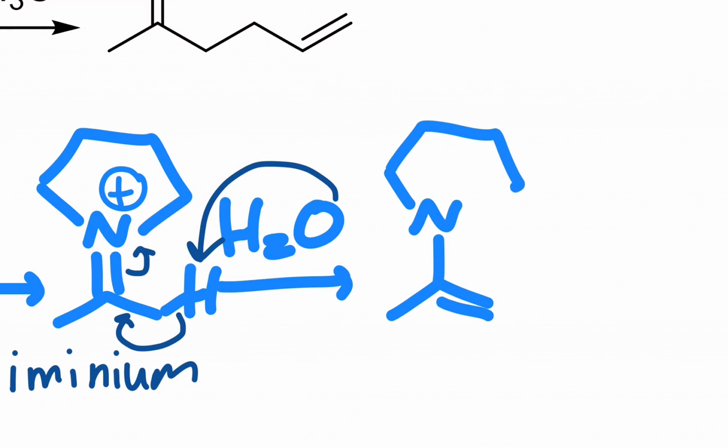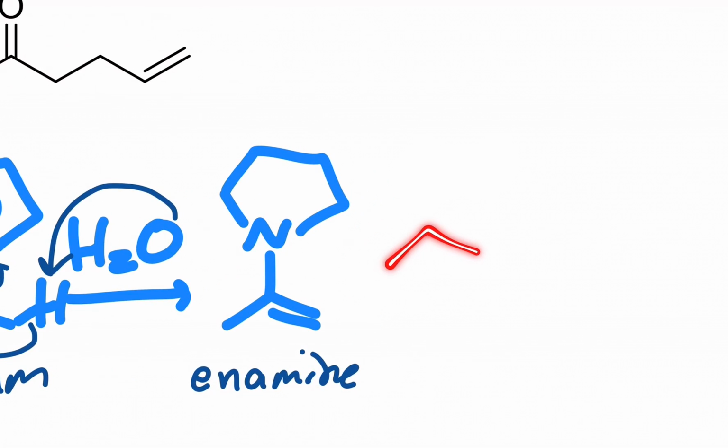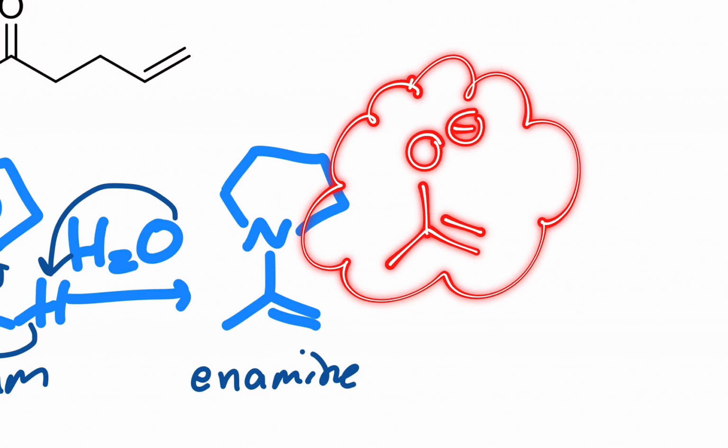That's only the first part of this. What's the point of this? Enamines are kind of like enolates. They actually behave very similarly to enolates. They have this nucleophilic pi bond, and they have an atom with lone pairs of electrons on the adjacent atom.